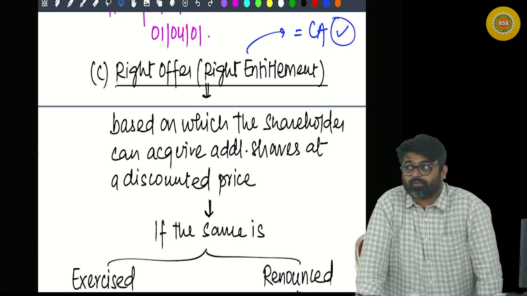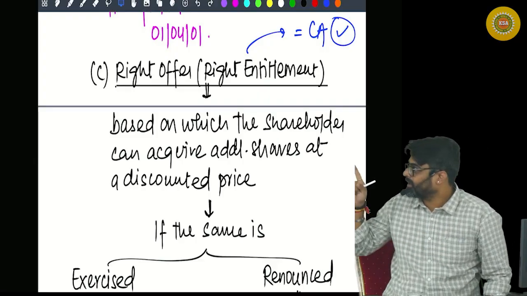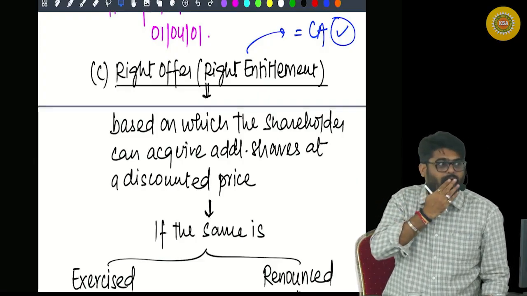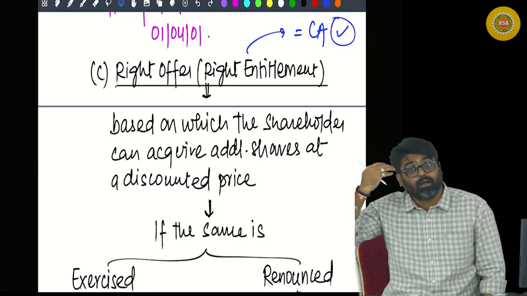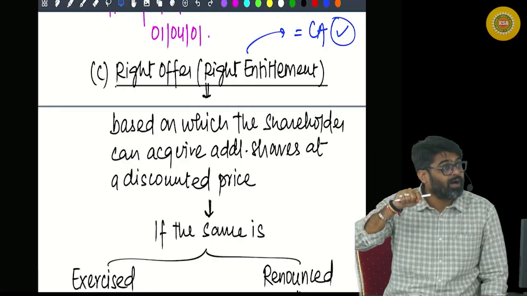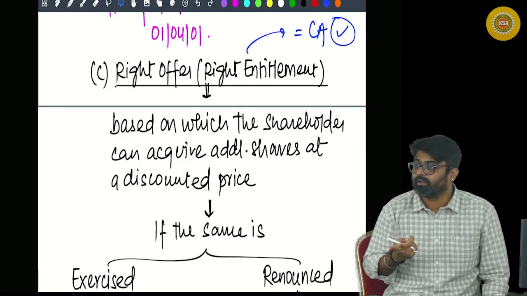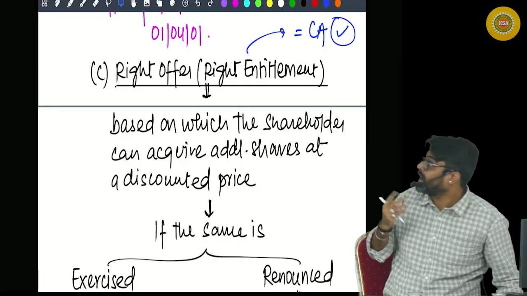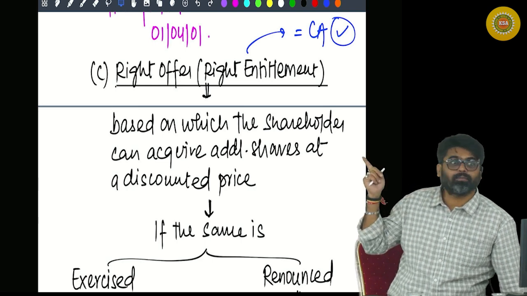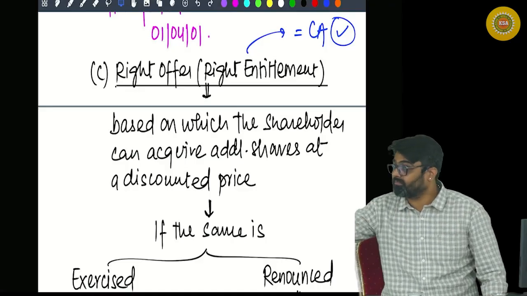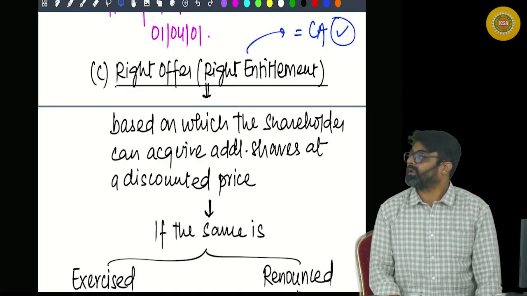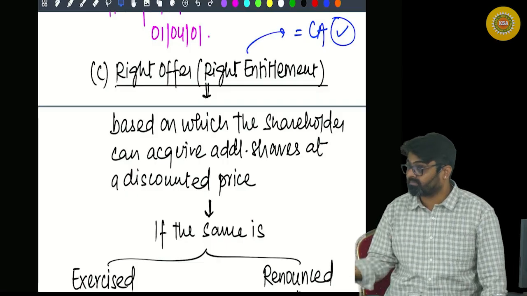Asset or property of any kind is a capital asset, whether tangible or intangible. Is it a capital asset? Yes. This right given by the company is also your capital asset. Because of this right, you will get some benefits.